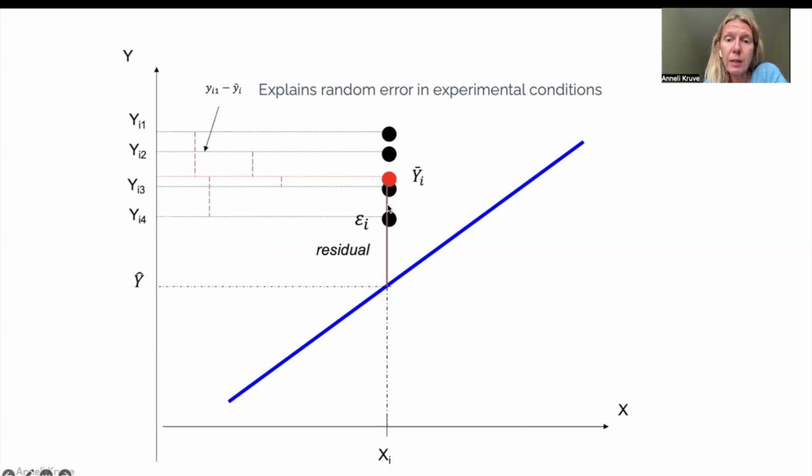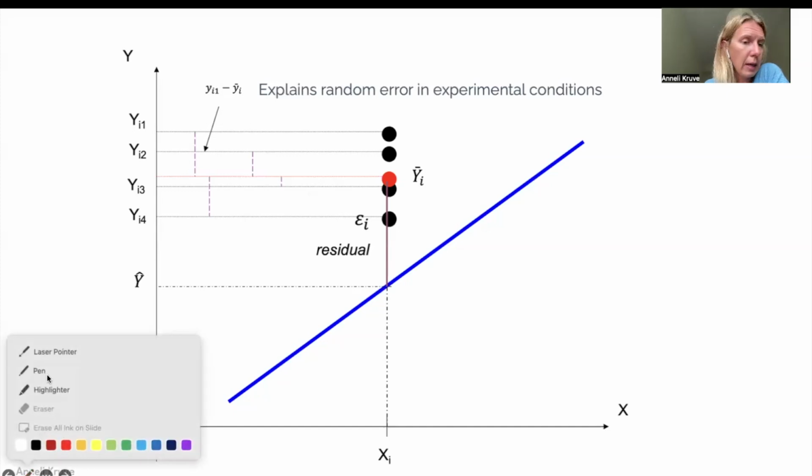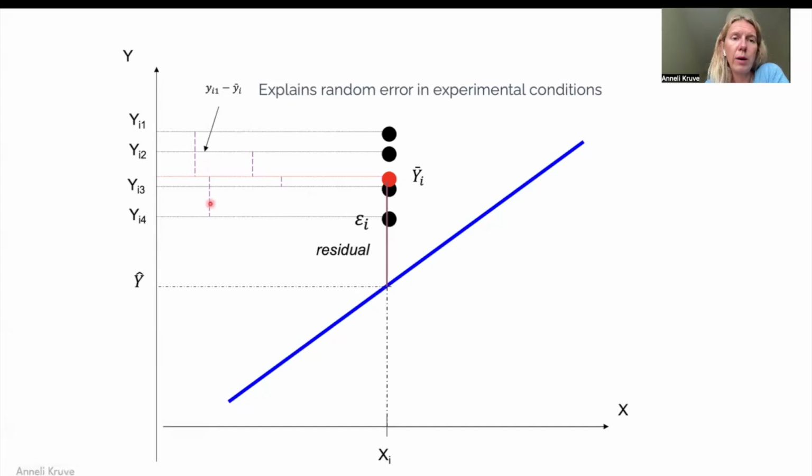The difference in this, shown with this brownish line here, is then the model insufficiency. However, the experimental variance is what is shown here more on the left-hand side, how the individual measurement results are deviating from the mean.